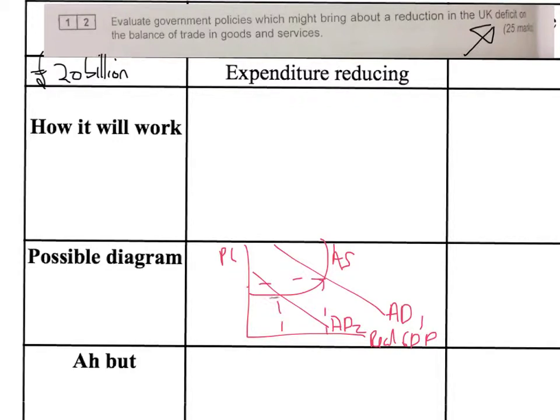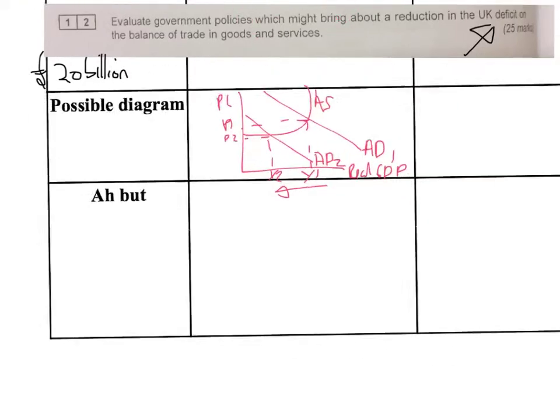With this policy, the price goes down, but output in our economy goes down loads. So the idea of this policy is, if we reduce AD, at least people in the UK won't buy imports. So if they're not buying as many imports, that'll be better for our trade balance. Now, we all know that's a stupid idea because as AD goes down, there's going to be lots of other problems.